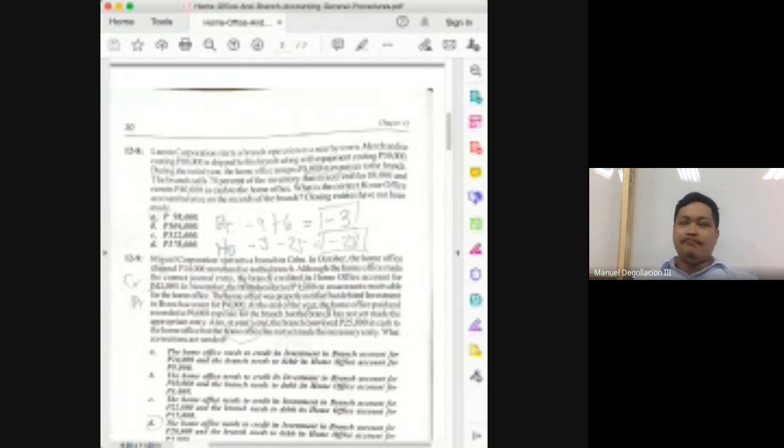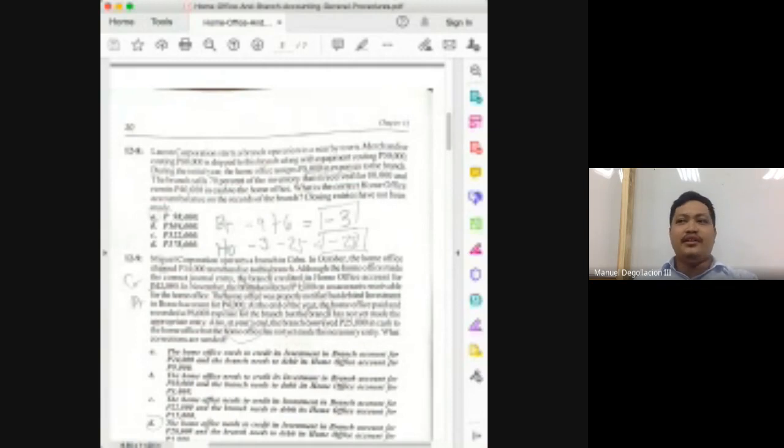Is that clear? Okay, next, what else do we need? Cost of goods sold. How much is our cost of goods sold? What did the problem say? 70%, correct? 70% of what? The inventory we receive. How much inventory did we receive? 80,000. So you multiply 70% with 80,000. Now, this is the problem with students, class. They will be told that you multiply 70% with 80,000.